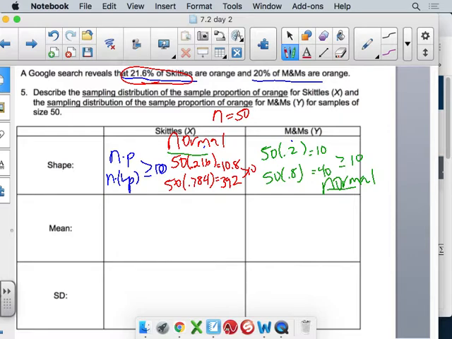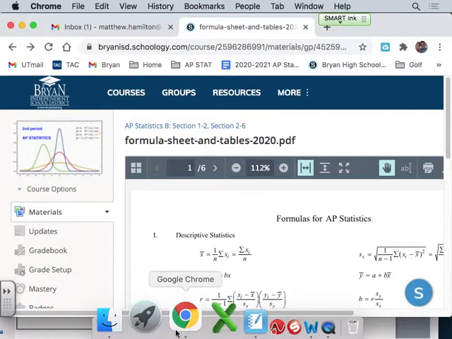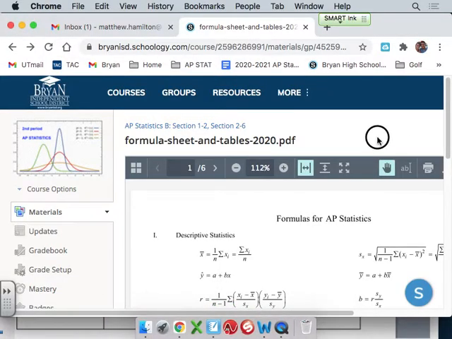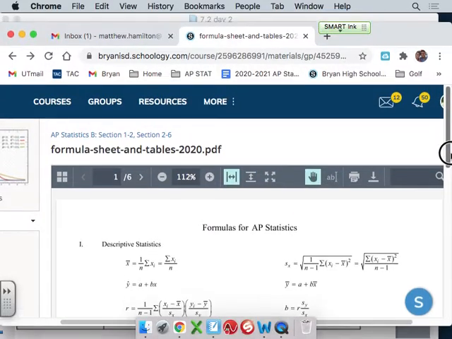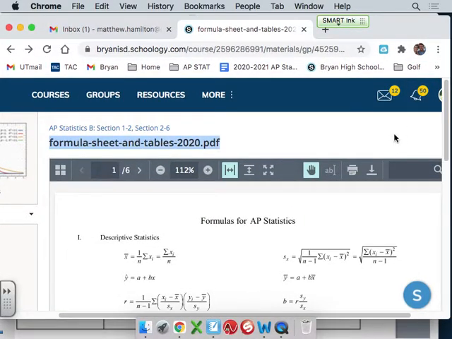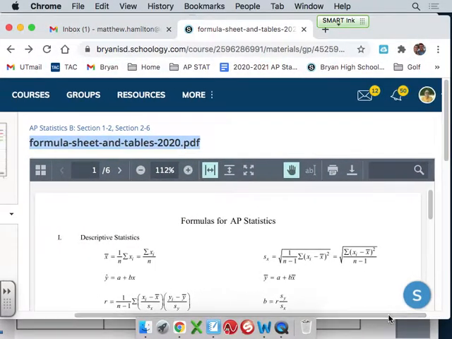All right, the mean. What's the mean? So our formula, just to remind you, formula sheet, scroll over. Almost there. There we go.